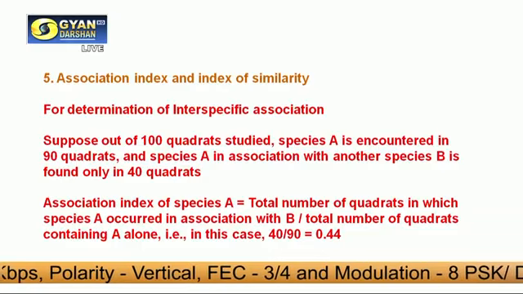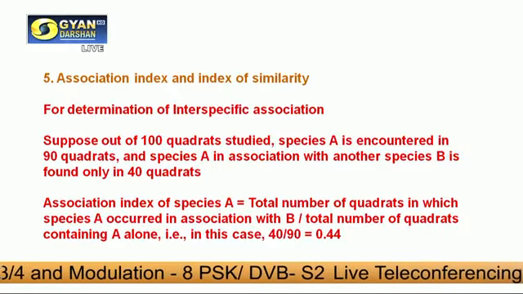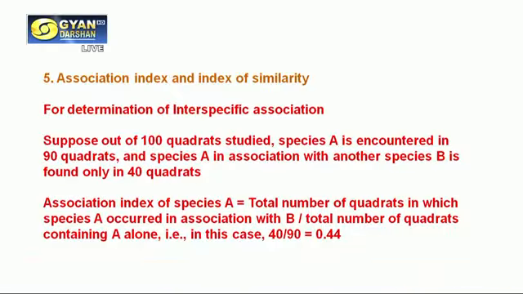So if somebody asks you what is the association index of A, then you have to use this formula: the total number of quadrats in which species A occurred in association with B divided by the total number of quadrats containing A alone. Obviously it will be 40 divided by 90. So it comes around 0.44. In this way you can calculate the association. So association index will also give you an idea regarding whether the species is prominent or not.